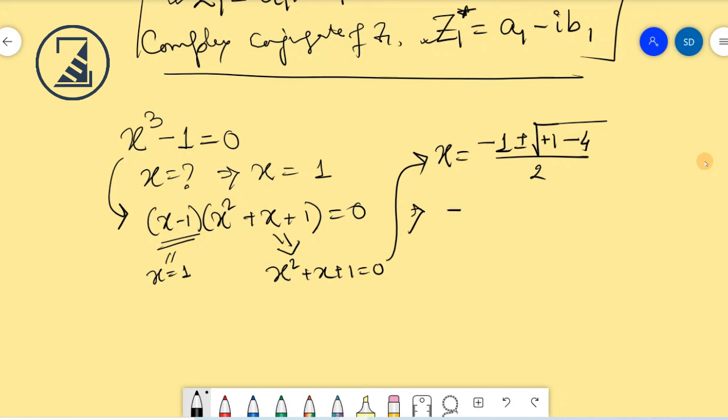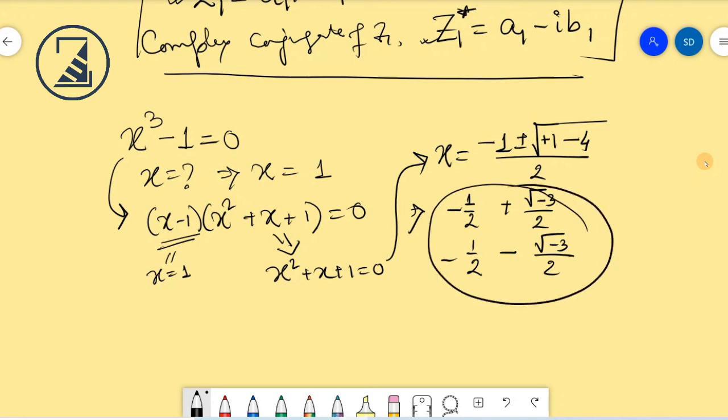The two solutions are minus half plus square root of minus 3 by 2 and minus half minus square root of minus 3 by 2. These are my two solutions.